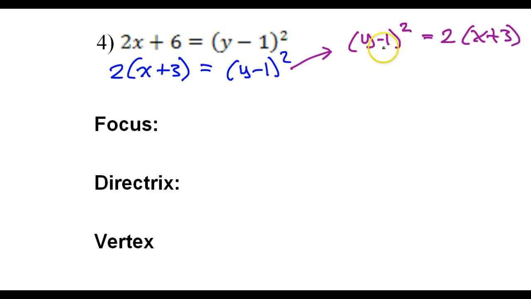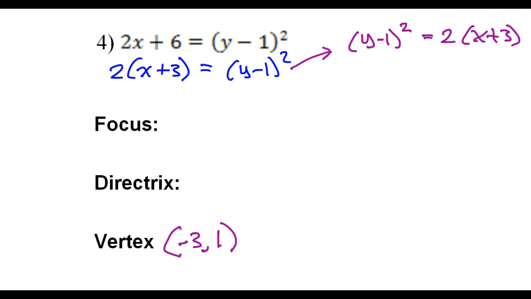Again, if you were thinking positive 1 comma negative 3, you'd be wrong. So be careful. Regardless of the order that we write it in, the x value has to come from the x part of the equation. So it's going to be negative 3 because of that, comma positive 1 because of that. So that is my vertex.